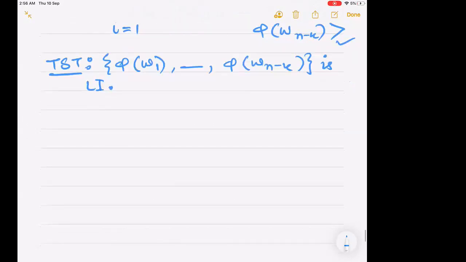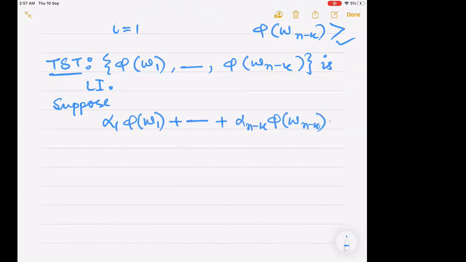So you know the trick of showing linear independence. Take a linear combination, equate it to 0, show that all the coefficients must go to 0. Let's do that. So suppose alpha 1 phi w1 up to alpha n minus k phi wn minus k is equal to 0.